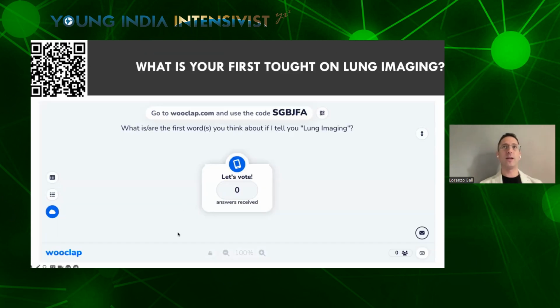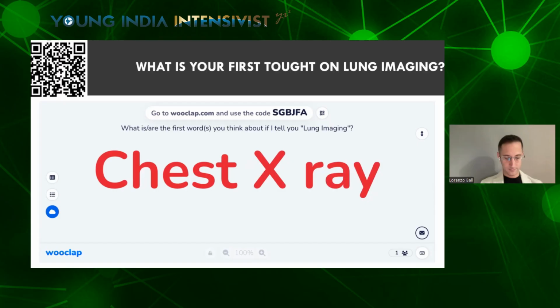The first one is, what is your first thought on lung imaging? If you think about lung imaging, what are you thinking about? First reply is chest X-ray.